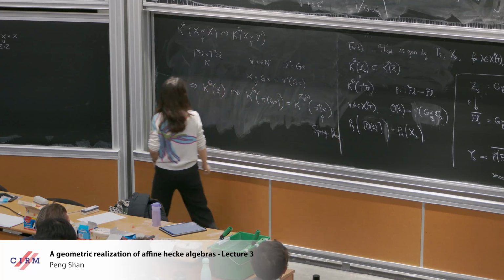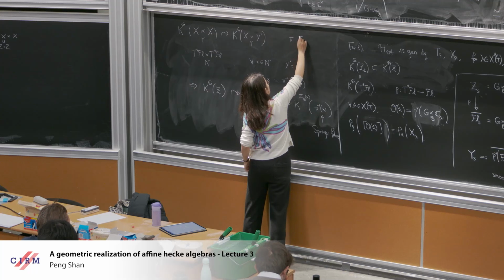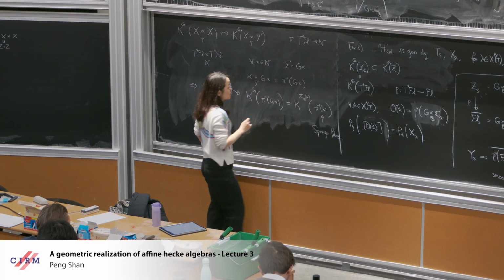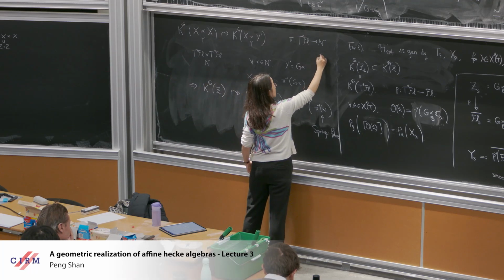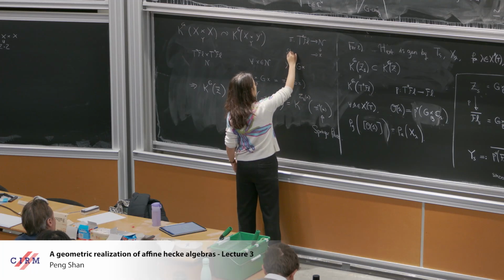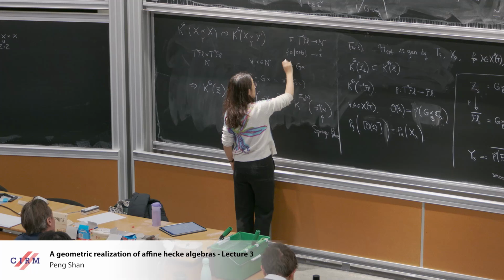So my pi was from T*flag to N. This is often referred to as the Springer map. And what is the fiber? The fiber at an x is just, by our interpretation, all the Borels containing this given x.